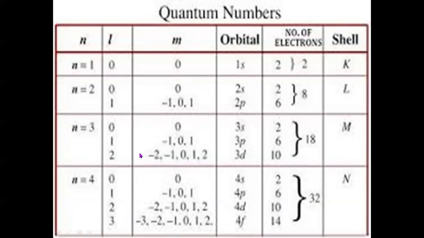The least value for m is -2 and the highest value is +2 when l is equal to 2. This l equal to 2 gives you the sub-energy level d. In the d sub-energy level, we have 5 d orbitals. Every orbital can accommodate 2 electrons, therefore 2 into 5, 10 electrons. Now, the total number of electrons in the third orbit, the M shell, can be 2 plus 6 plus 10, 18 electrons.